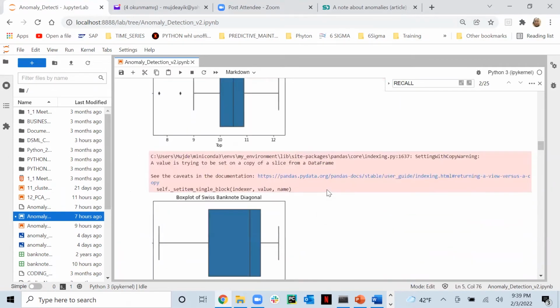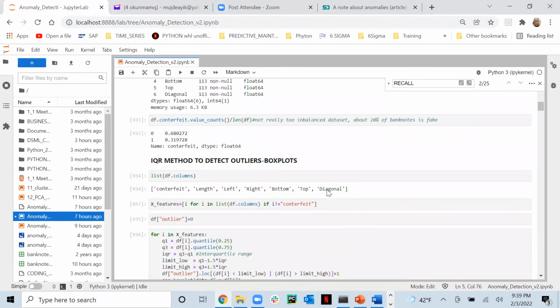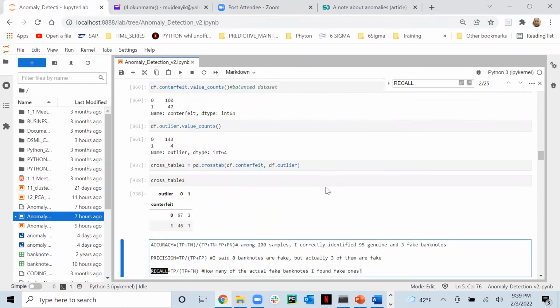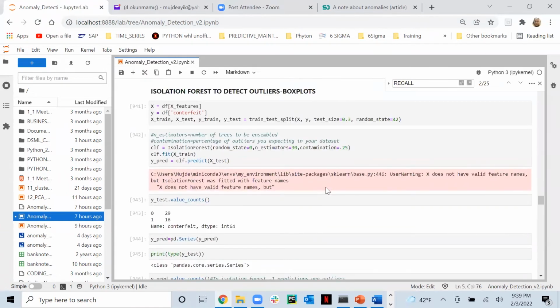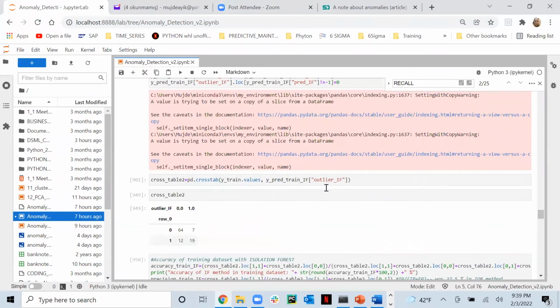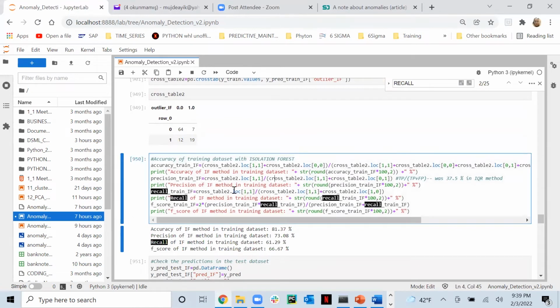I guess we were in the isolation forest output. Yes, we were talking about the isolation forest's confusion matrix. It's all about accuracy, which is how well you are identifying the 0 cases and 1 cases. But recall is how well you are identifying the fake cases.